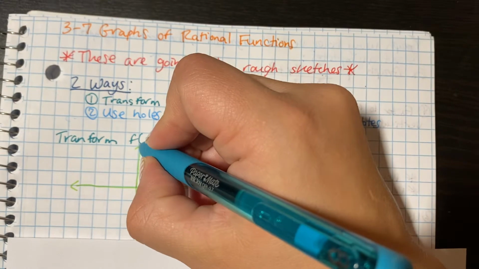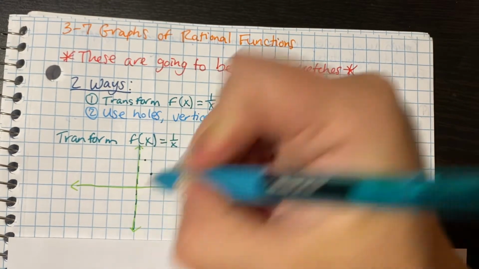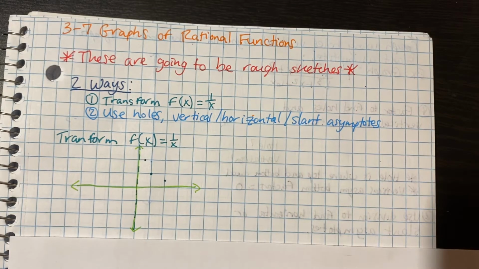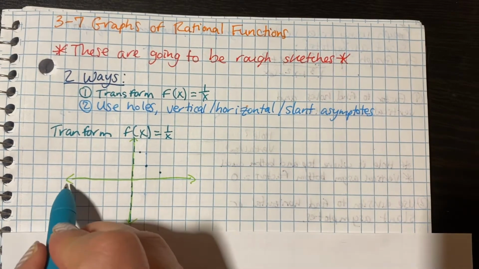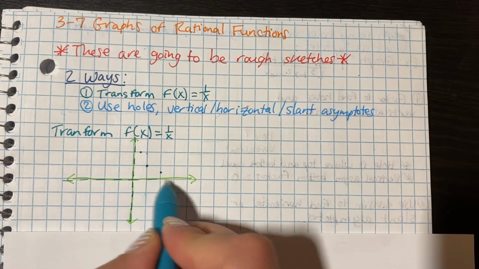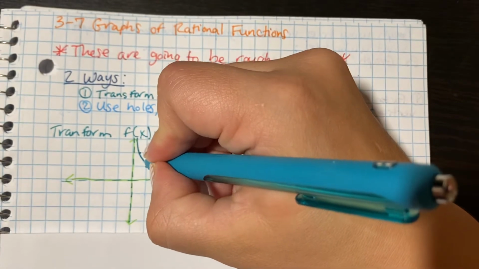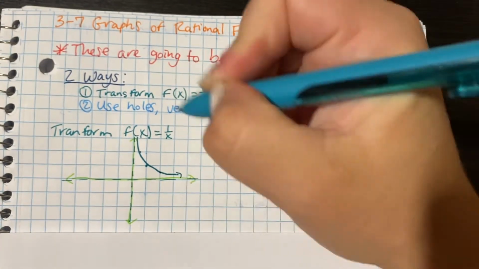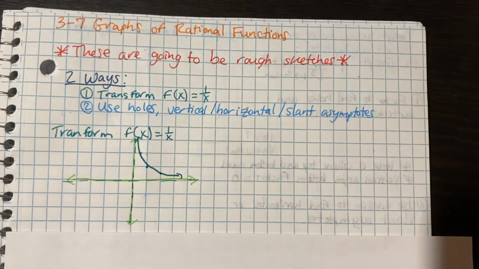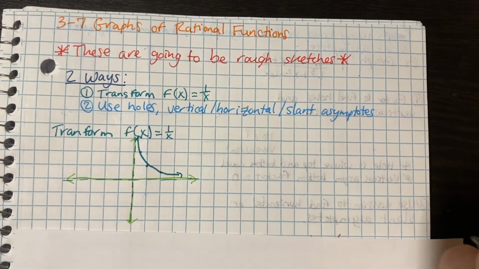So this right here is going to be a vertical asymptote. And this right here is going to be a horizontal asymptote. And then this just skirts along this line, what I mean by rough right there. I got some points, but I just threw it on there, okay?